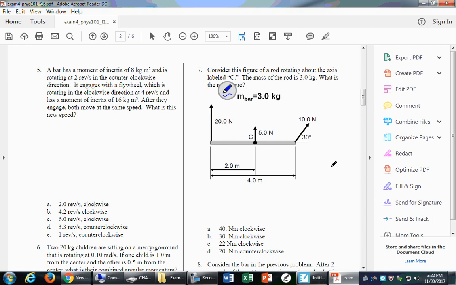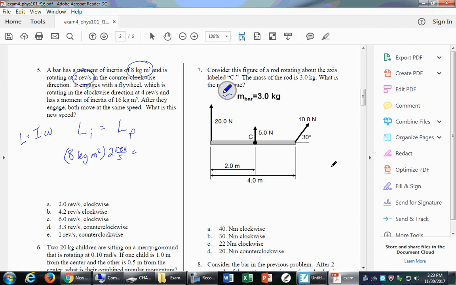So what's happening here is that L initial is equal to L final. The moment of inertia is initially 8, and it's initially rotating at 2 revolutions per second. Remember, L is equal to I omega: 8 kilogram meter squared times 2 revolutions per second. Now that's not SI units, but with angular momentum that's okay, because the units cancel out anyway.